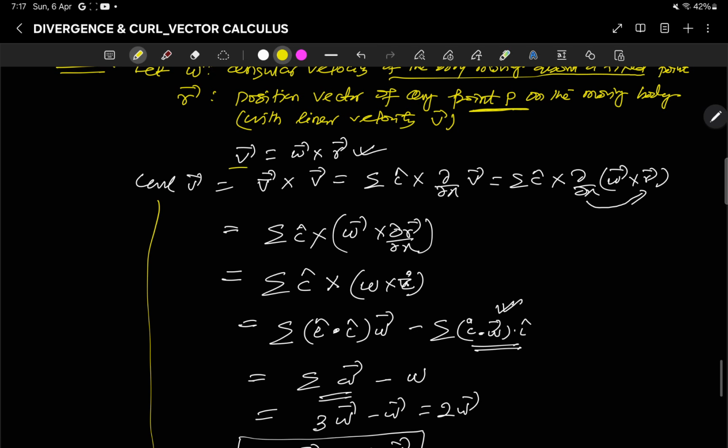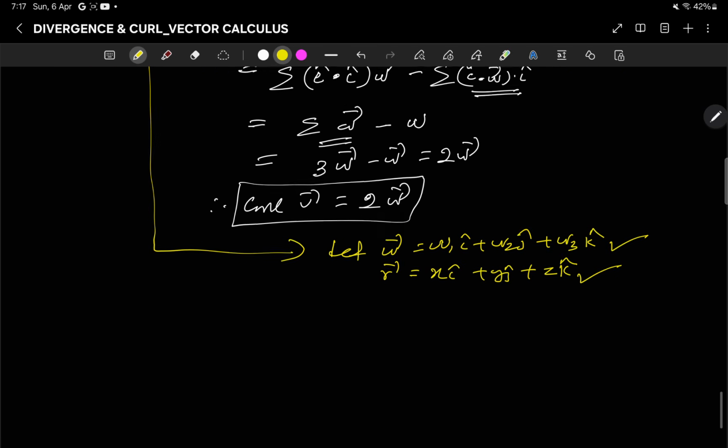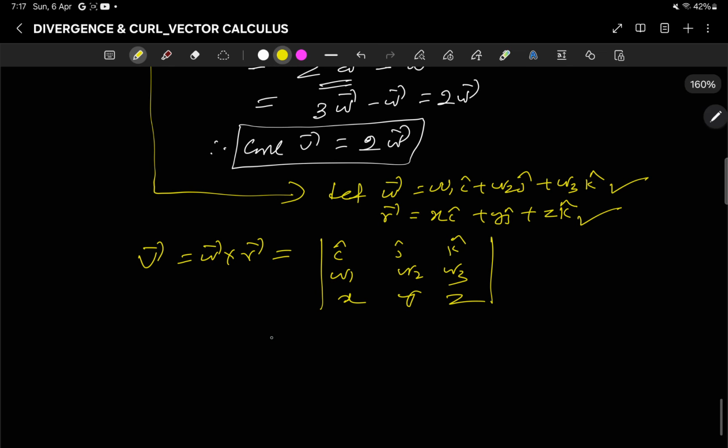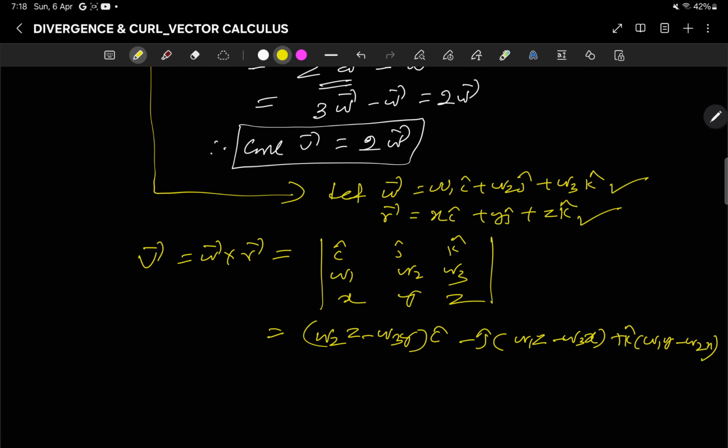First I find V, which is W cross R. This is equal to the determinant with rows I, J, K; W1, W2, W3; X, Y, Z. If I simplify it, it will be (W2Z minus W3Y) I minus J cap (W1Z minus W3X) plus K (W1Y minus W2X).